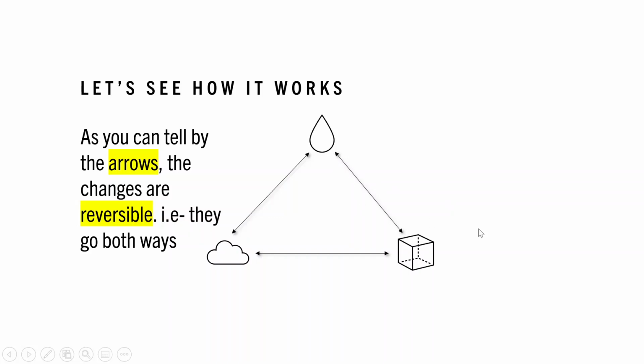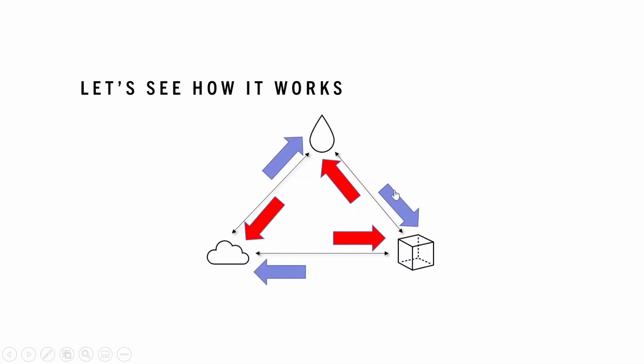Okay, so if we wanted to change something from a liquid state right here to a solid state, we would say that that is freezing. So you put water in your ice trays and you put it in the freezer. That is what we call freezing. Now, if you changed it back from ice to a liquid, you would say that you melted it, right?